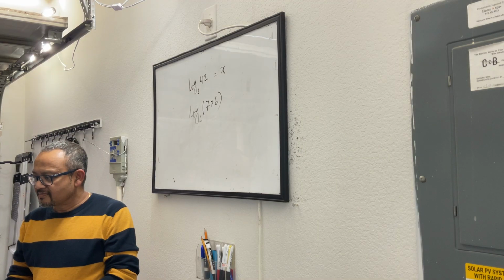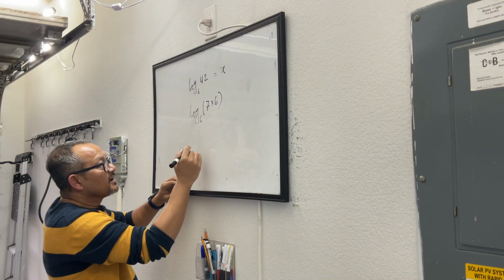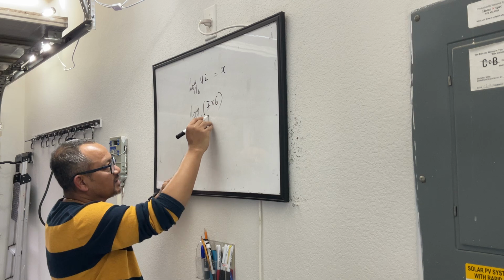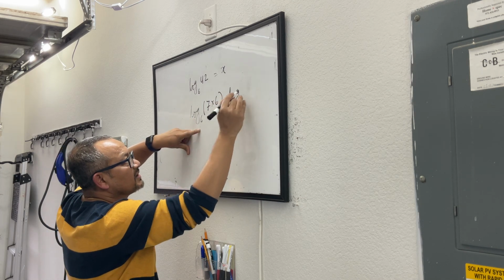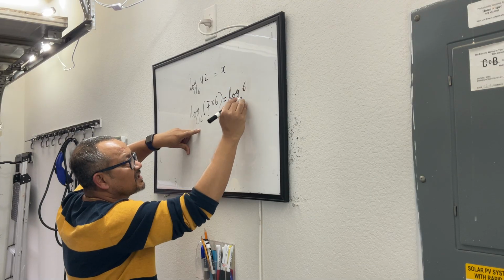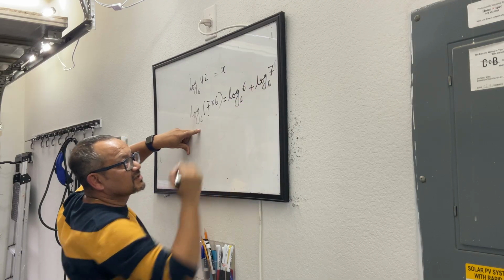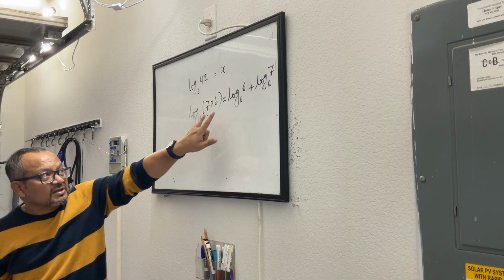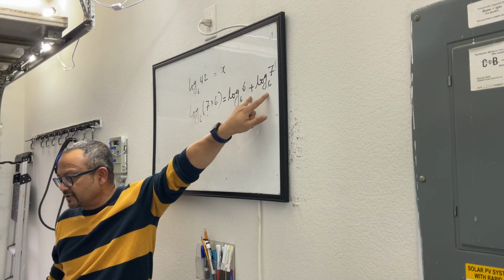Or 7 into 6. Okay, so this becomes log of 6 base 6 plus log of 7 base 6. Log of A into B equals log of A plus log of B. This was the first rule that we saw.